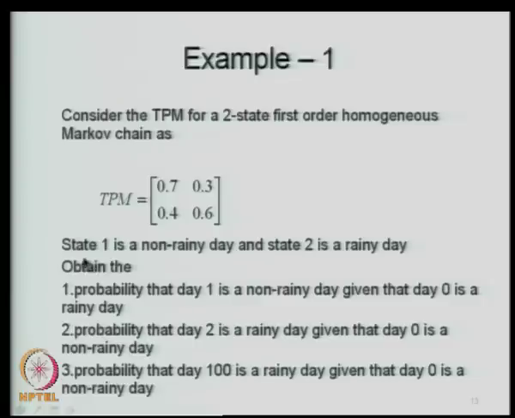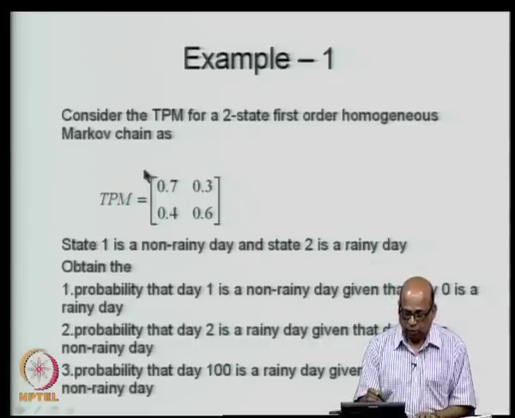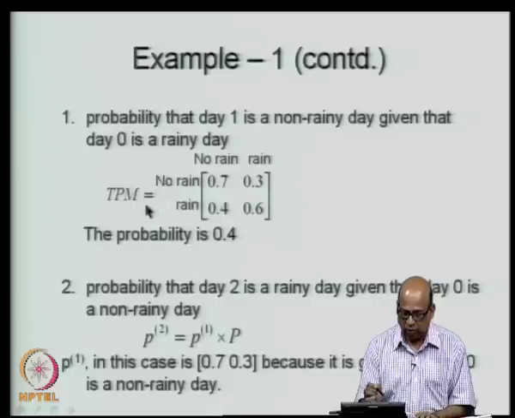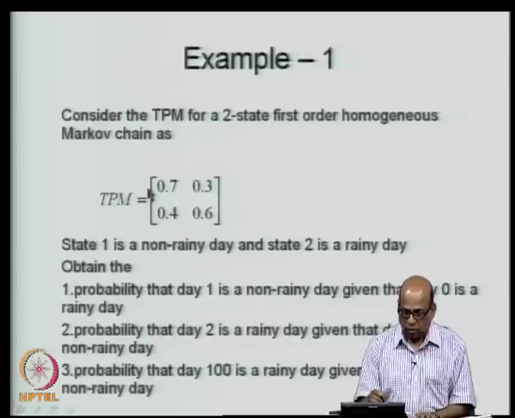So, we define two states here. State 1 is a non-rainy day and state 2 is a rainy day. So, if we are looking at a particular time t and these are the two states, this is non-rainy day and this is a rainy day. Now, starting with a non-rainy day, again here it is non-rainy and rainy.